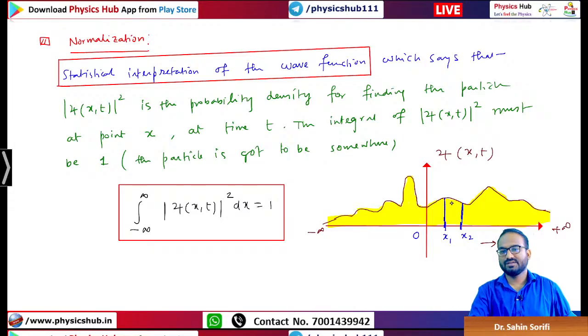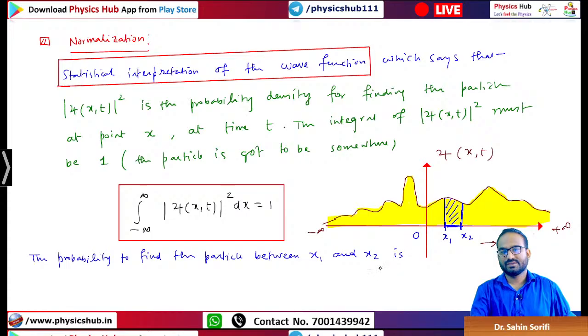If you integrate the probability density in this region, that gives the probability to find the particle between x1 and x2 at time, let's say, t.